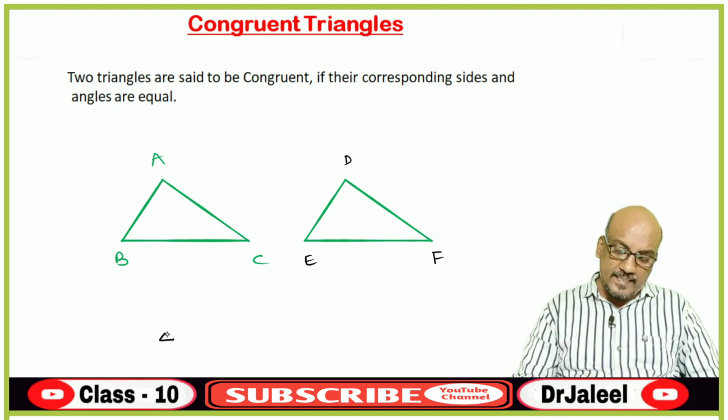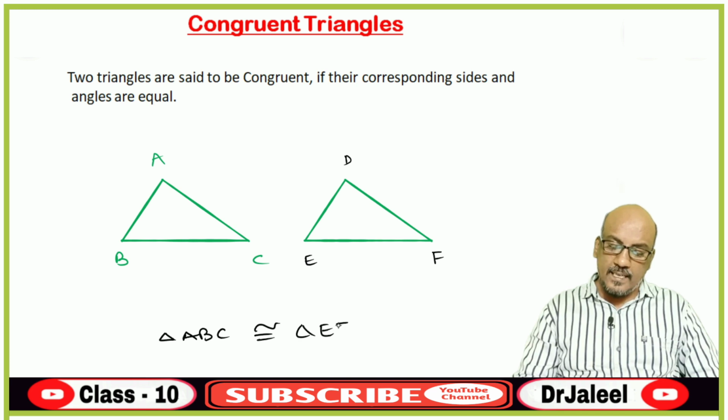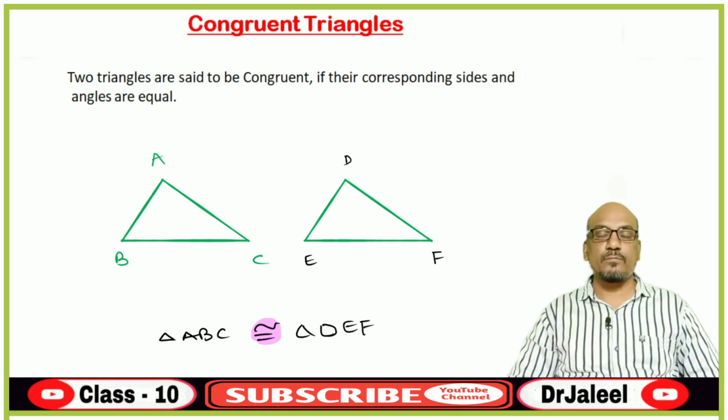So here we can write it as triangle ABC is congruent to triangle DEF. So children, this symbol is called symbol of congruency.